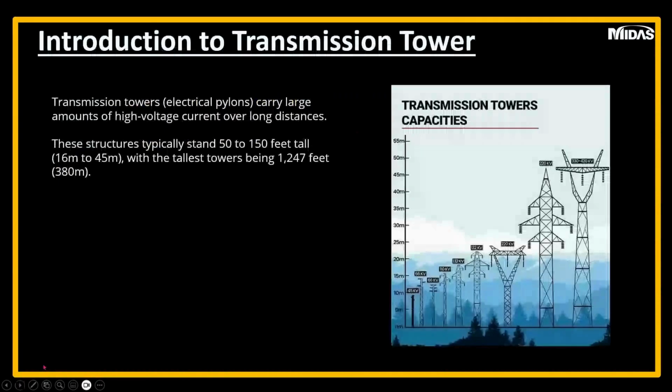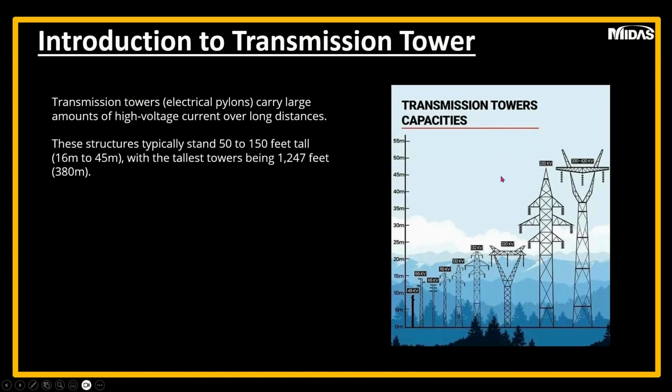So basically, the transmission towers are nothing but the electrical pylons which are used to carry large amounts of high voltage current. Nowadays the demand for transmission towers is very high. As you know, electricity is one of the common basic needs for citizens, so there are a lot of infrastructure projects, and one of them is transmission towers.